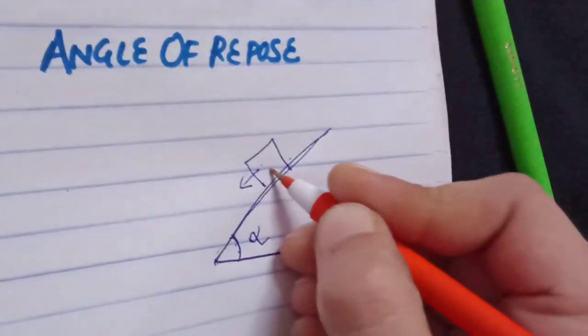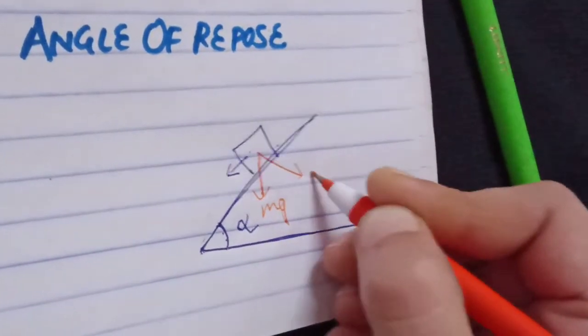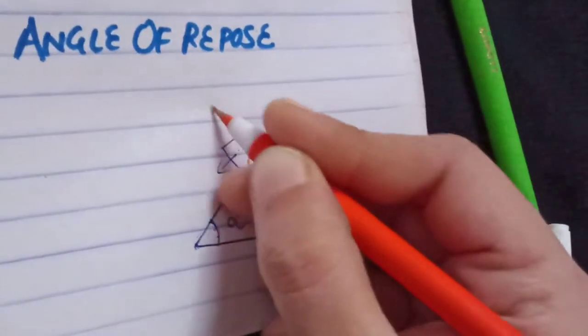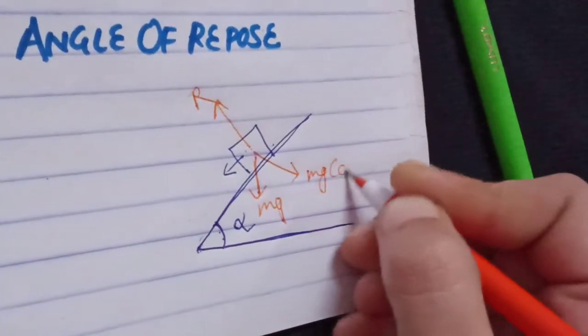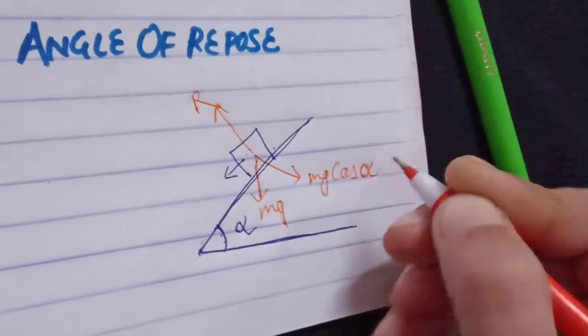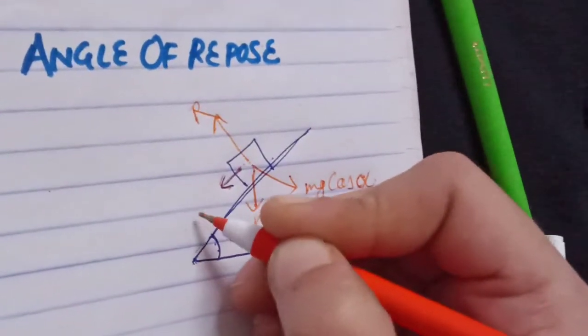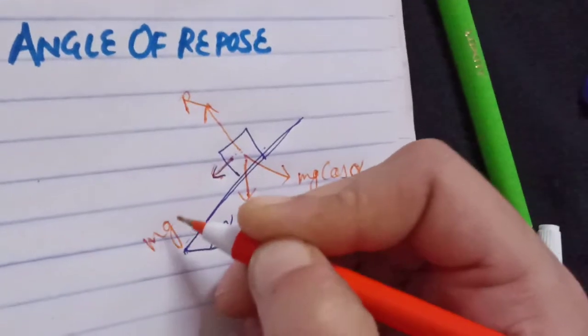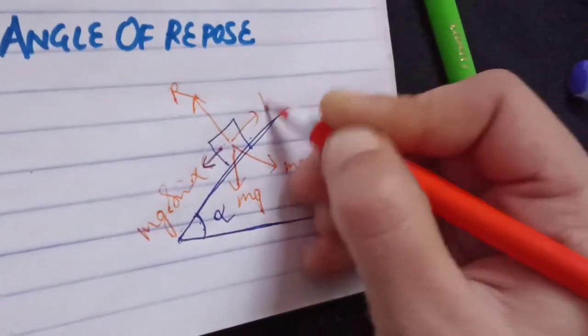As we know, the weight mg, because of this mg, reaction force, normal reaction R is mg cos alpha, and this is mg sin alpha, limiting friction.